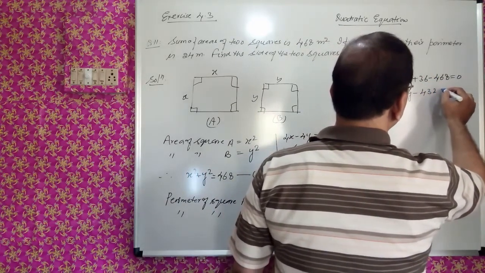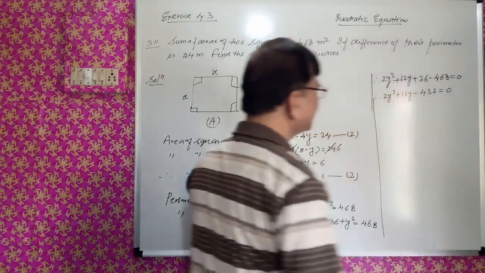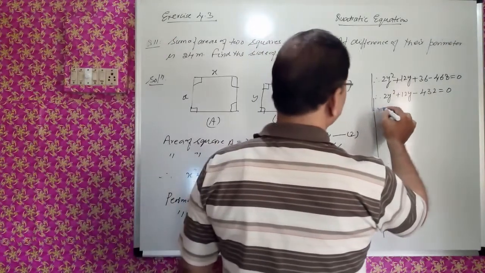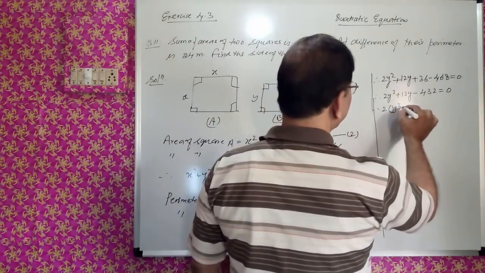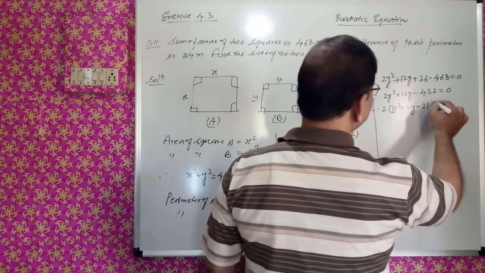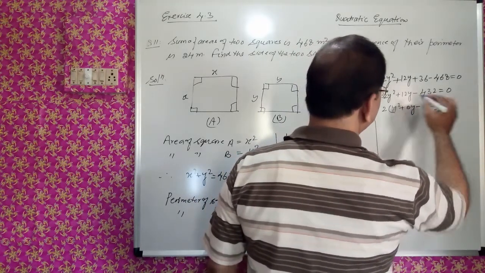We can take 2 common from this also, so we get y squared plus 6y minus 216 equal to 0.